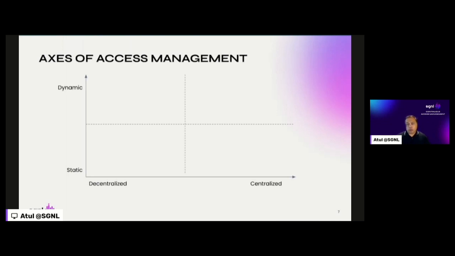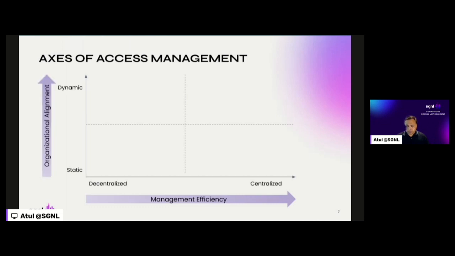And so, as you might imagine, as you go from left to right, the management efficiency increases. It becomes very hard to manage a lot of data in a decentralized fashion. If you try to centralize it, you become more efficient. And as you go from more static to more dynamic, you can be more aligned with your organization's policies.